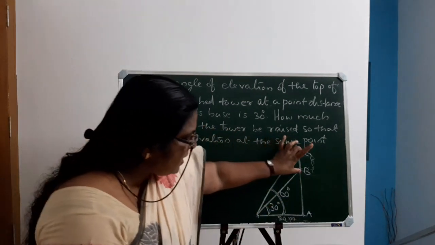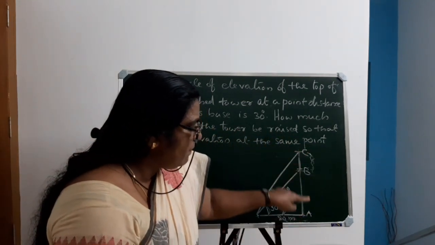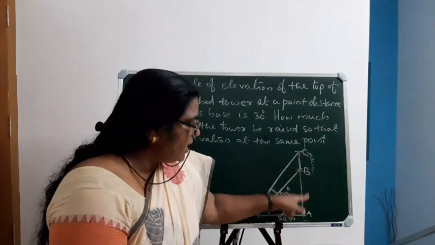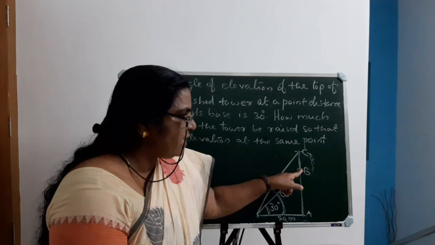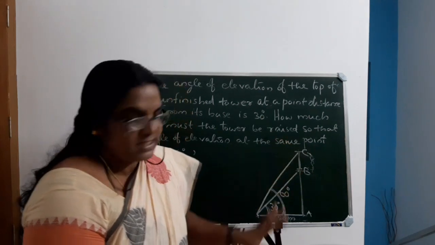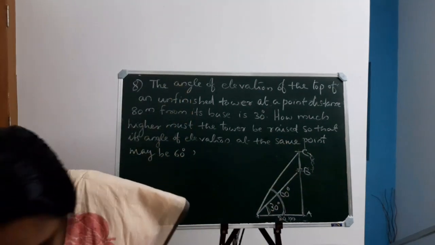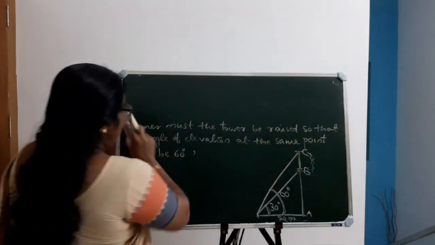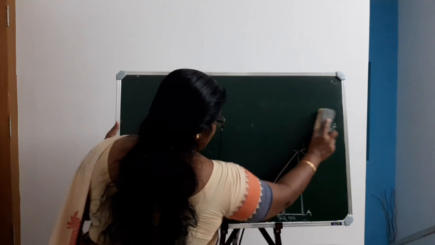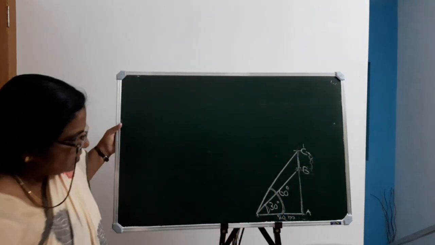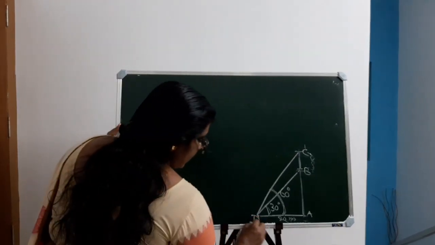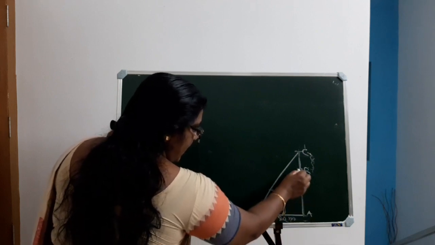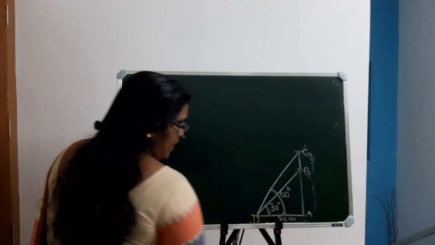So BC is equal to AC minus AB. AC we can find, then AB also we find. After that you can subtract these two and you will get BC. Right, so we can do this. First, in triangle ABD, we can consider triangle ABD and find AB.